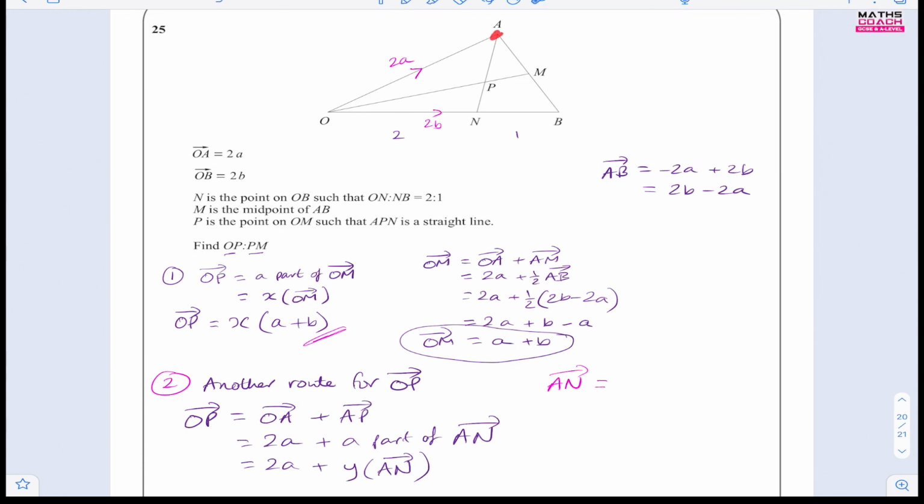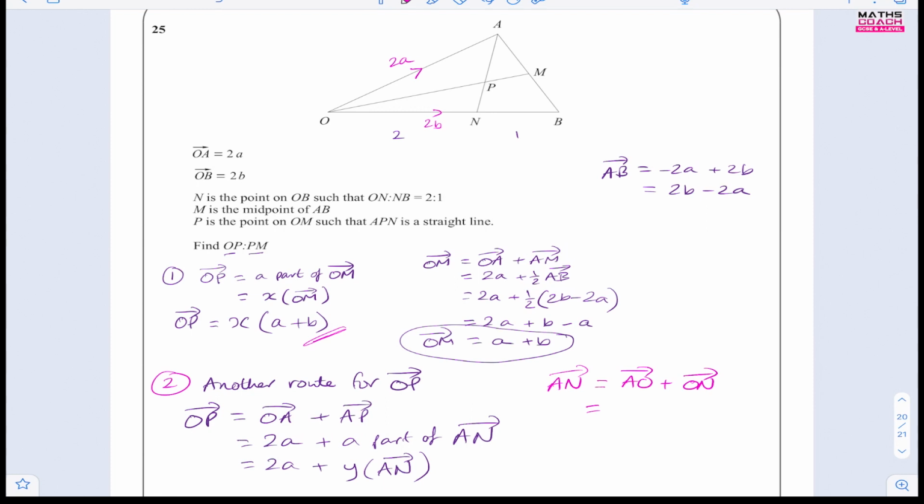So here's A, here's N. How do we get there? We can go from A to O backwards, which is minus 2A, plus O to N here, which is 2 parts out of the 3 parts in total of O to B. So what we have is A to O plus O to N, which is our route.